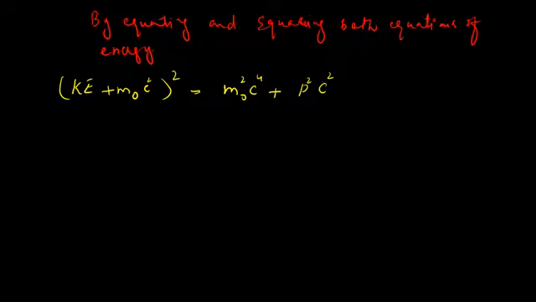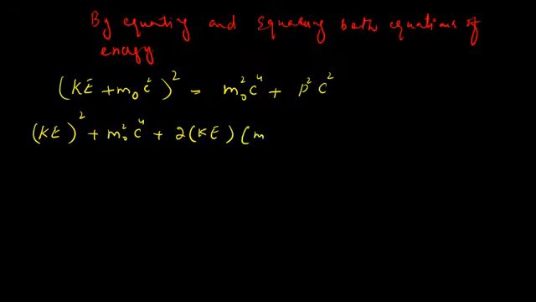So when we open the square of this equation, we will get kinetic energy square plus m naught square c4 plus 2 into kinetic energy into m naught c square is equal to m naught square c4 plus p square c square.